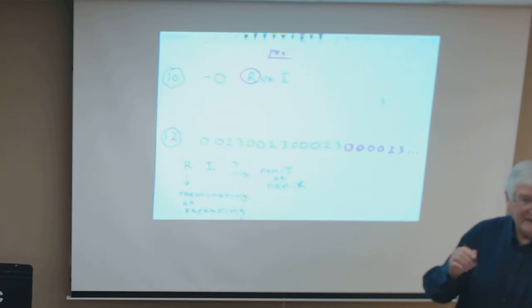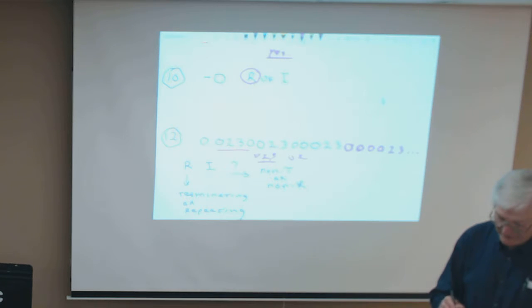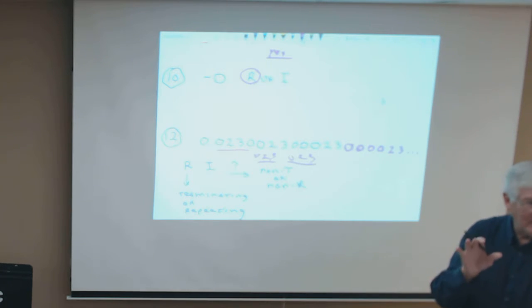So now, I see a pattern, but here's the question. Does the pattern repeat itself? In other words, does it have to be 023, 023, 023? You follow me? It has to be the same thing that repeats over and over again. Does this number repeat the same thing over and over again? No. So it doesn't repeat and it doesn't terminate.